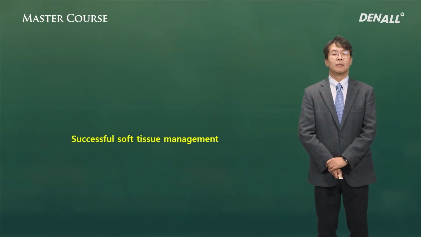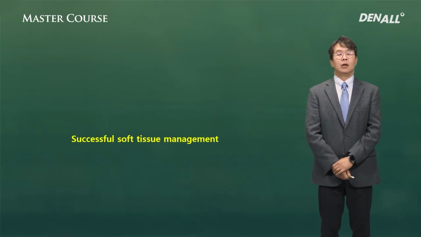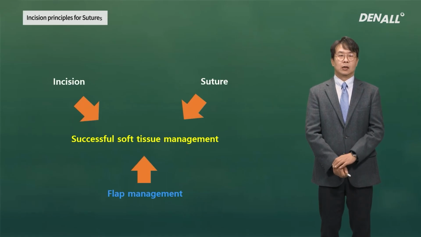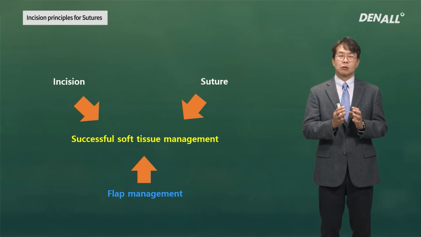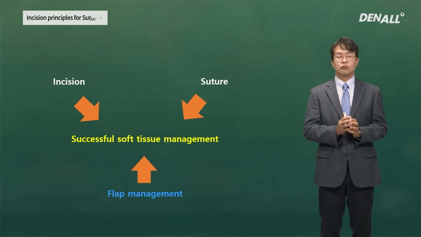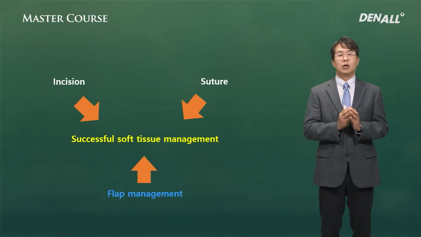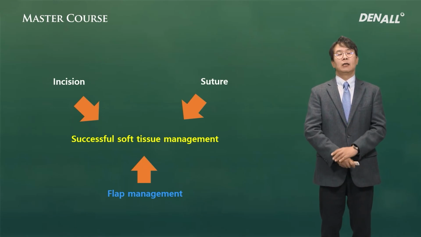Summary: for successful soft tissue management, as I said before, incision, flap management, and suturing need to be combined organically. The first step is incision. The principles of incision determine the flap management and sutures.